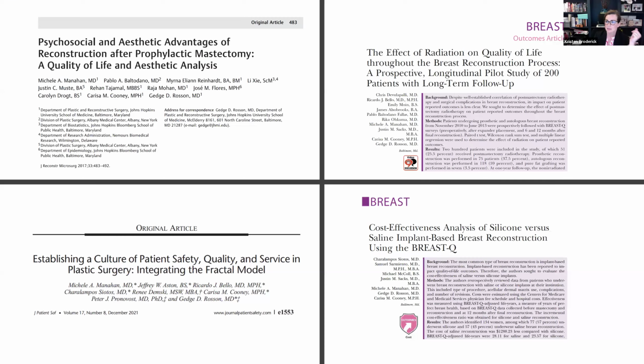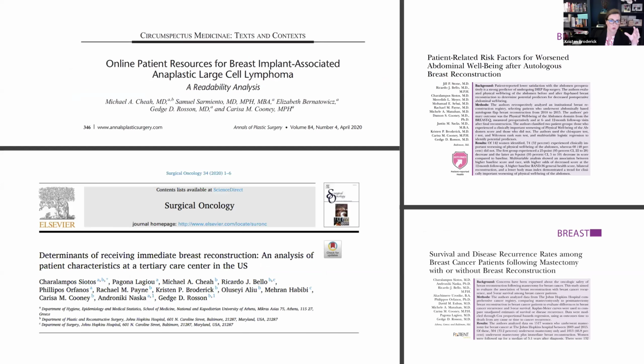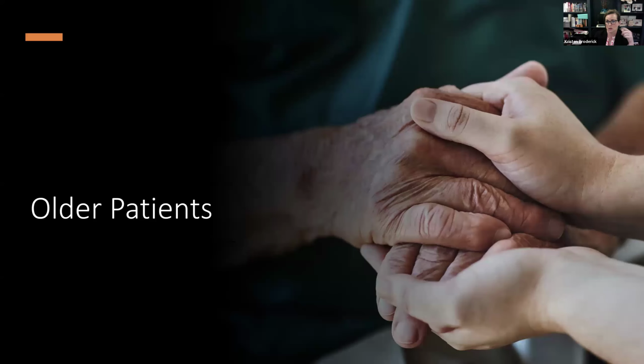And so we have lots and lots of research that supports that. We have looked at breast quality of life and what aspects of what we do matter to try to hone in on this, so we can answer the questions that are the most important for patients and be able to be advocates for our patients on the Hill and really address their needs.